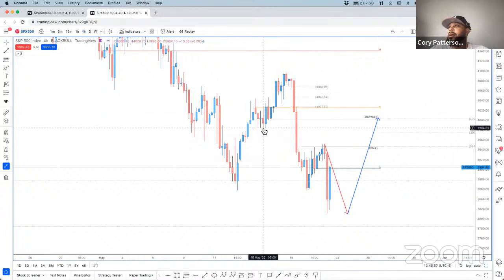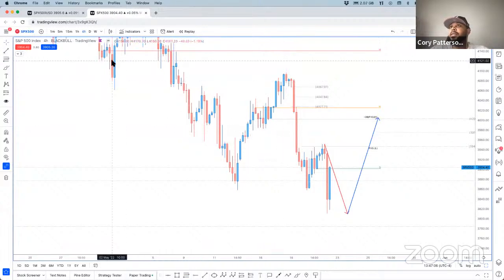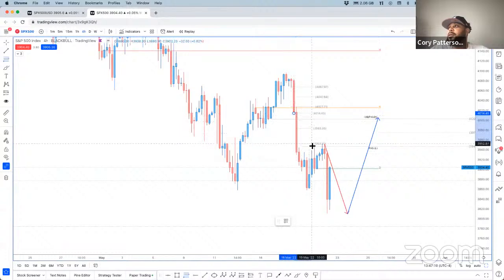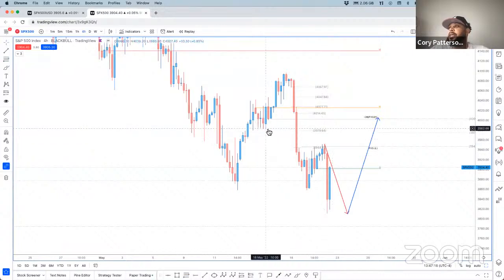Then we took these lows out, these equal lows, and when we took them out, we left another imbalance from this low all the way down to here, right? Equal lows, imbalance, another low, we came back up to it. This particular imbalance lines up pretty much with the daily imbalance.